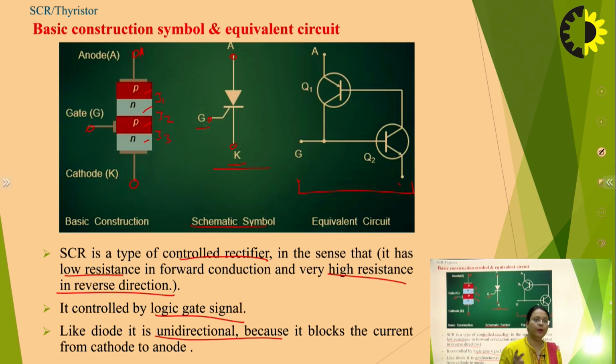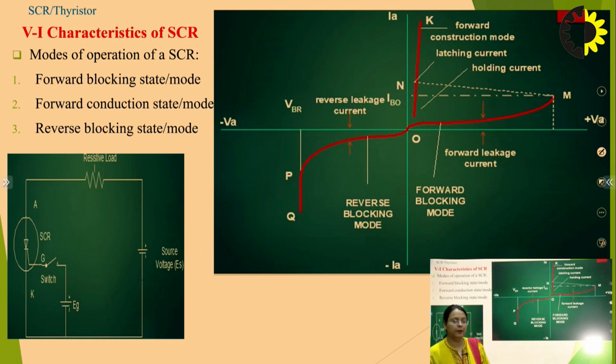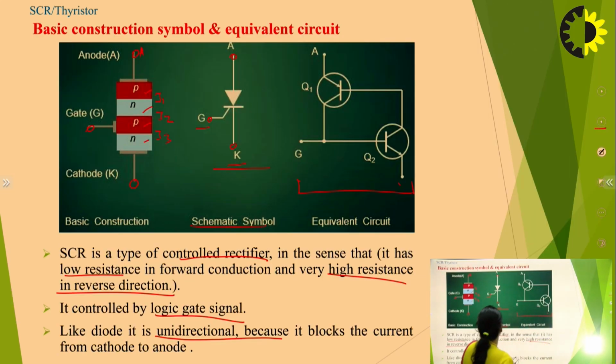There are only two methods by which we can turn off the SCR: by applying a reverse voltage across the anode cathode terminal, or by bringing the anode current below the holding current. I will later on explain what the holding current and the anode current are. Now the static VI characteristics of the SCR are between the anode voltage and the anode current.